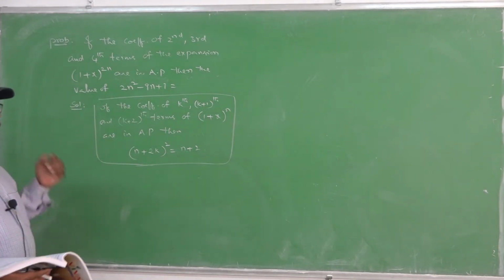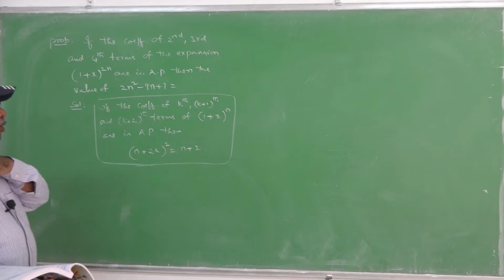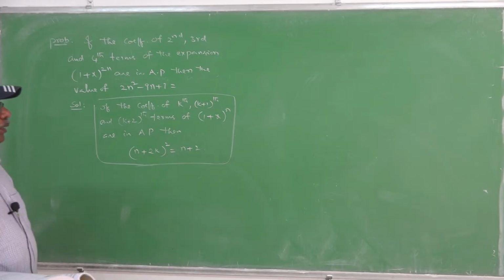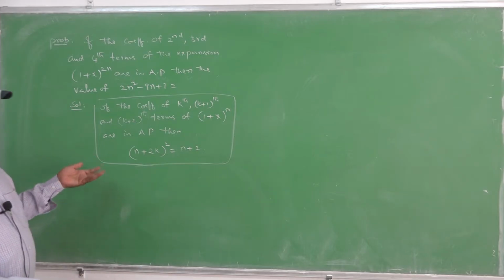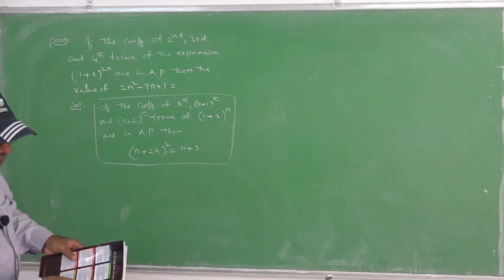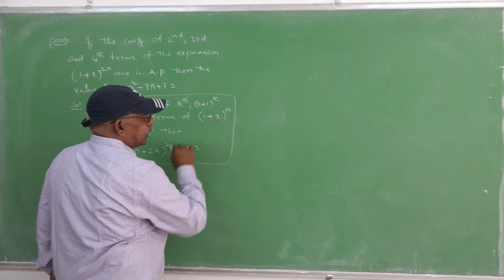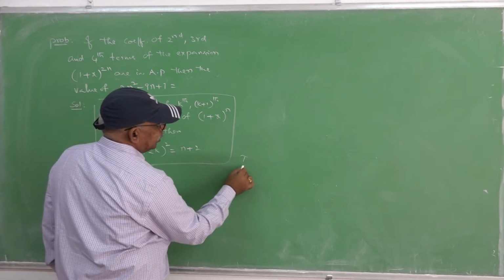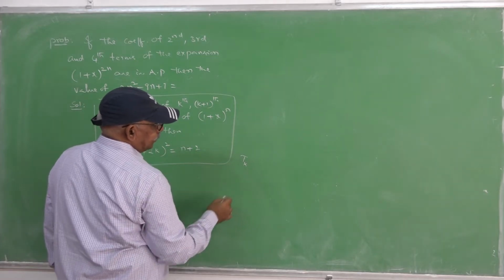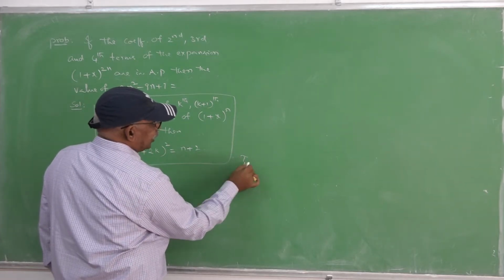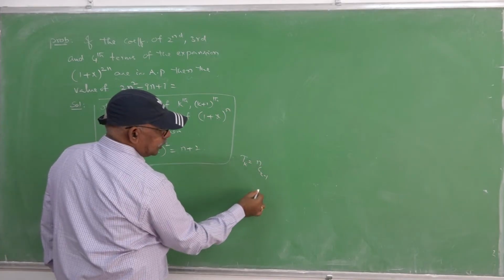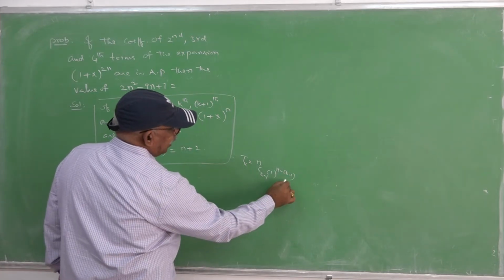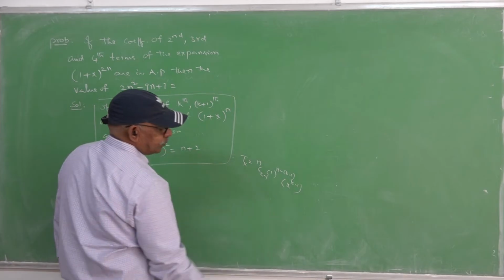If the kth term coefficient, k plus 1th term coefficient and k plus 2th term coefficient in the expansion (1 + x)^n are in AP, that means the kth term is Tk, and the coefficient of Tk is nC(k−1), from nC(k−1) 1^(n−k+1) x^(k−1).